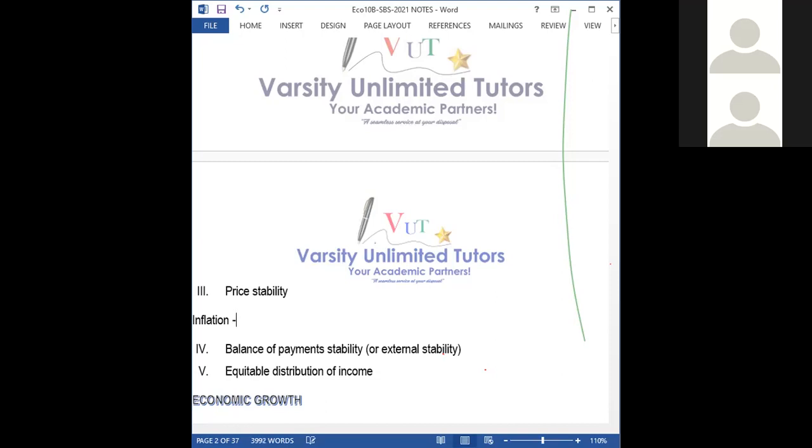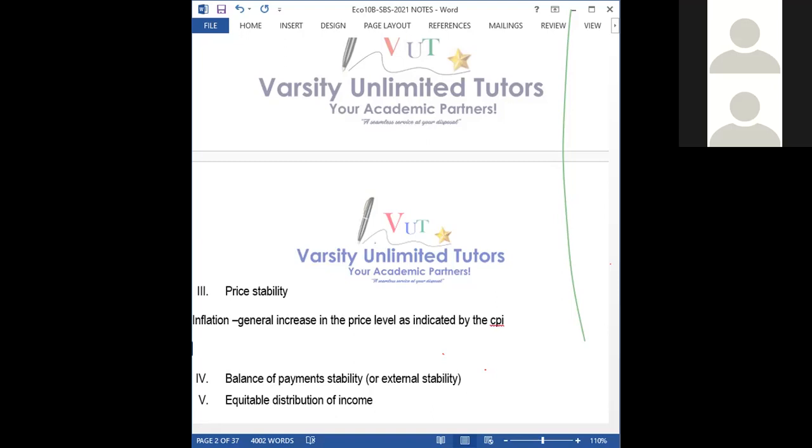Inflation is defined as the general increase in the price levels, which is indicated by the CPI, the Consumer Price Index. We're going to be talking about the Consumer Price Index shortly. So inflation would be the general increase in the price levels within an economy as indicated by the CPI.